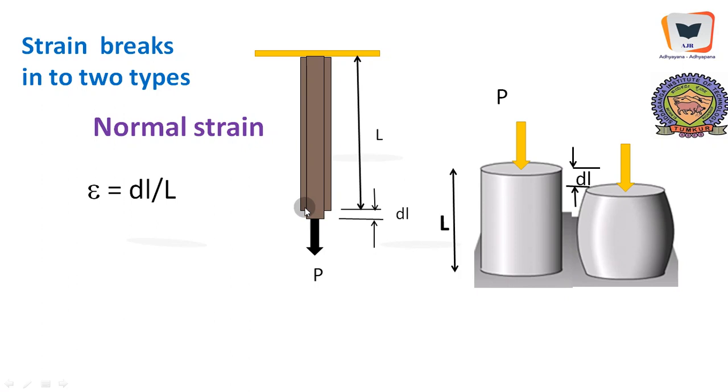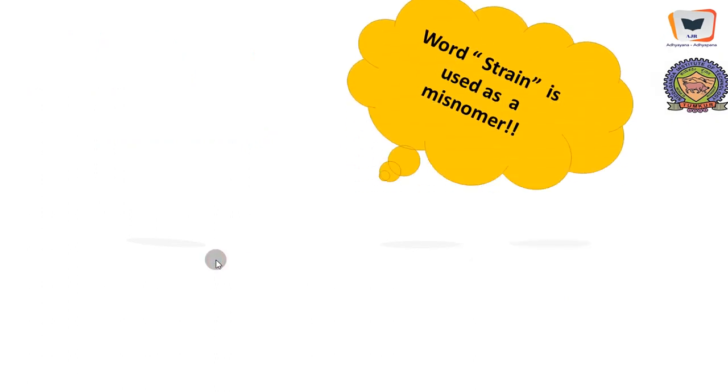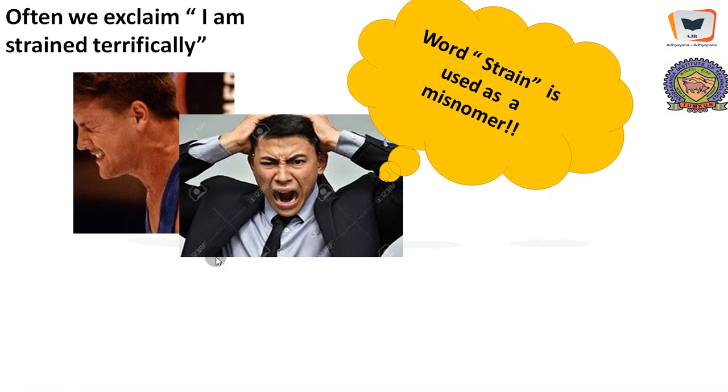So a change in diameter, which will be very, very small, is the change in lateral dimension divided by the original lateral dimension. Change in lateral dimension is dd and original dimension is d. This will become lateral strain. Similarly, we can explain for other dimensions also. It could be dt by t, change in thickness, or db by b, change in width.